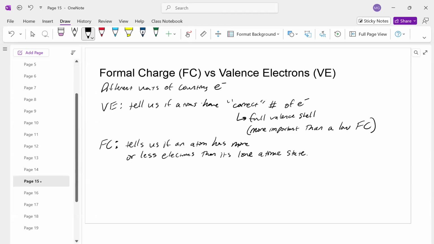And ideally, it's best for an atom to have a formal charge of 0.